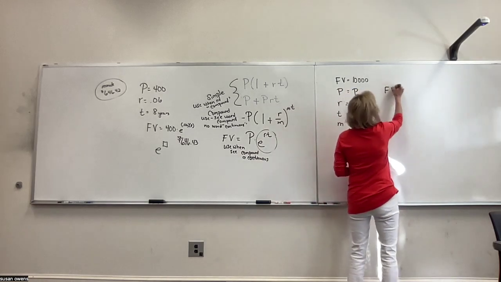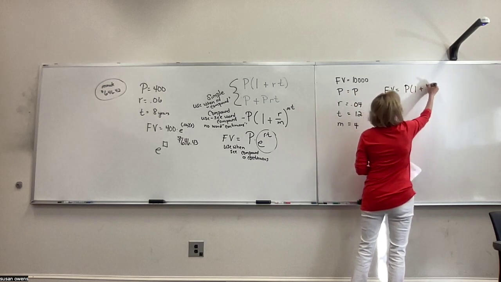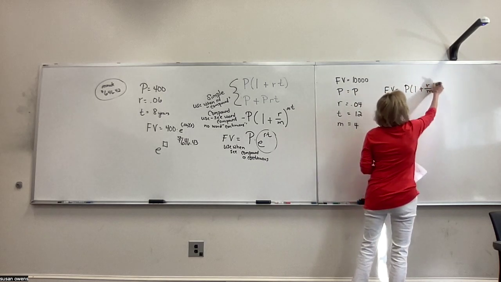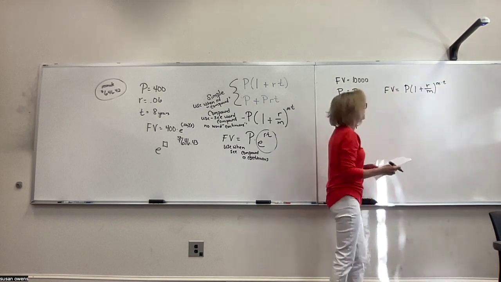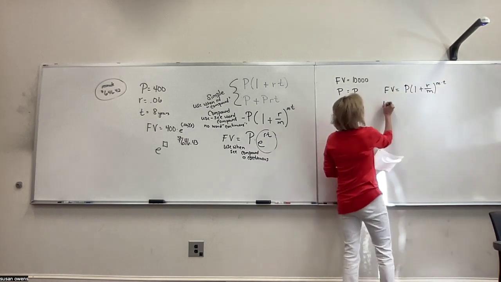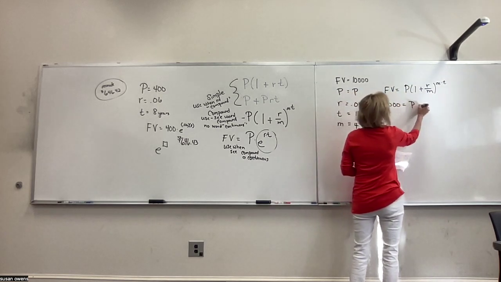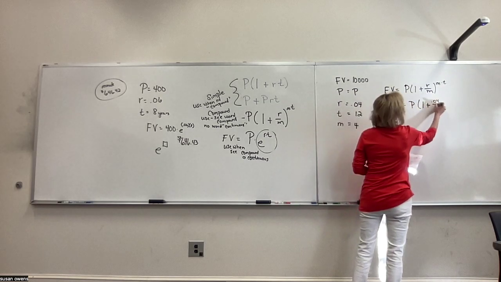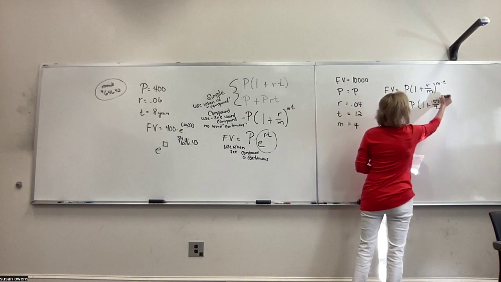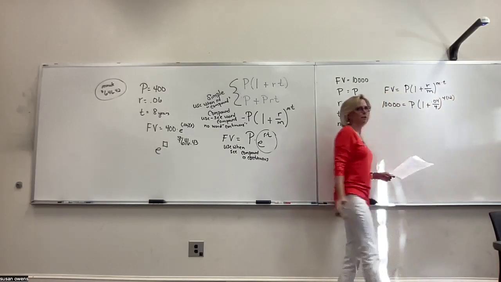Future value is equal to principal times 1 plus R divided by M to the M times T. Okay, so future value, 10,000 is equal to P times 1 plus 0.04 divided by 4 to the 4 times 12.